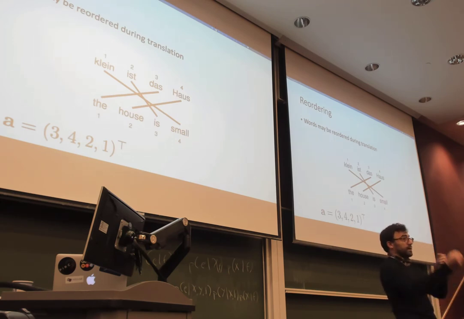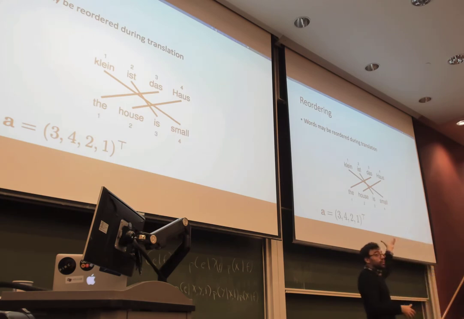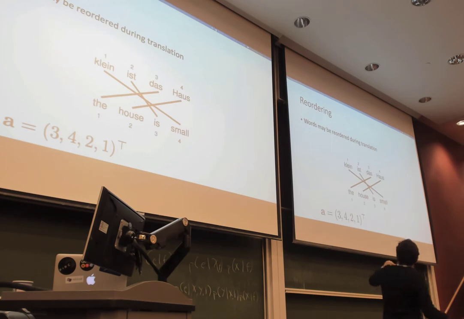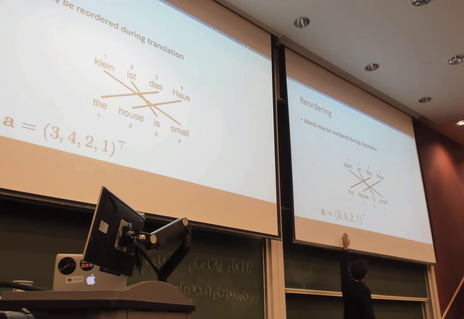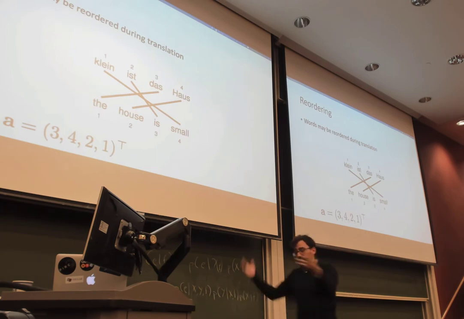So the black and cat have been swapped, the words. So you might need to do reordering in order to translate between different languages. So then you might have an alignment like that, where the alignment for target word 1 in position 1 is source word 3, and so forth. So now we have all of those.